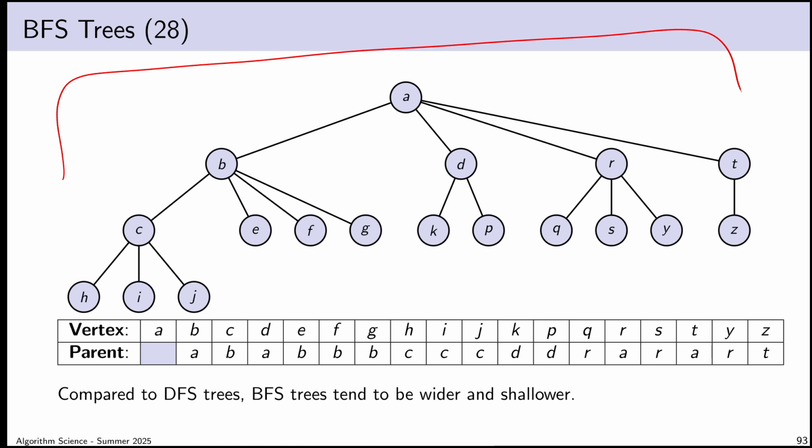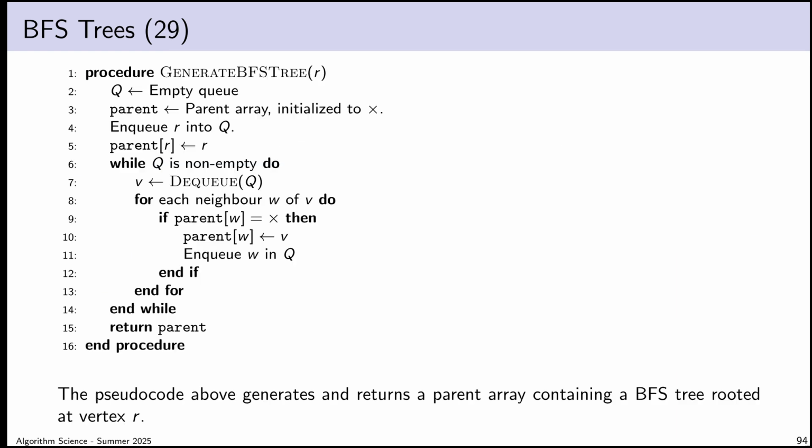You can see that in this tree, the number of children that each vertex has varies wildly. There are some vertices with only one child. There are some vertices with tons of children, so B has 4 children and A has 4 children. There are a couple of vertices with 3 children and one vertex with 2 children. So this is an arbitrary rooted tree. It is rooted because we always assume in traversal trees that the starting vertex can be treated as the root.